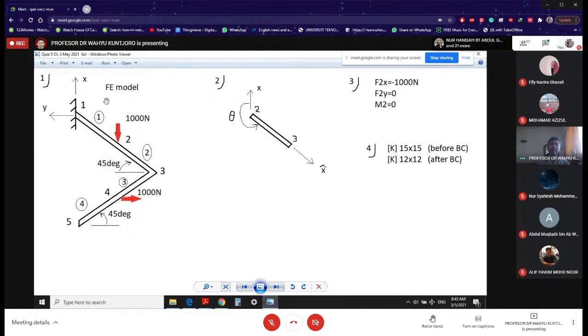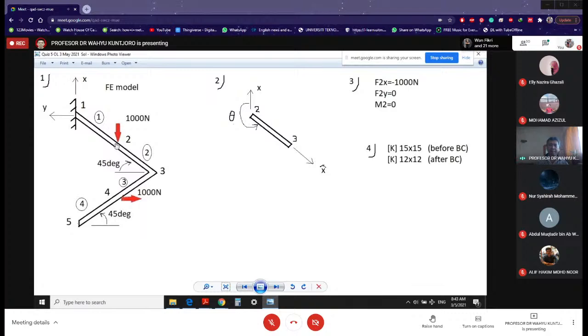That's the reason why this 1000 Newton is negative. F2y is 0 because y is now horizontal and you don't see any force. In this case, positive y is horizontal to the left. And you don't see any applied moment here, so M2, the external moment at node number 2, is 0. So that's question number 3, and that's the answer.